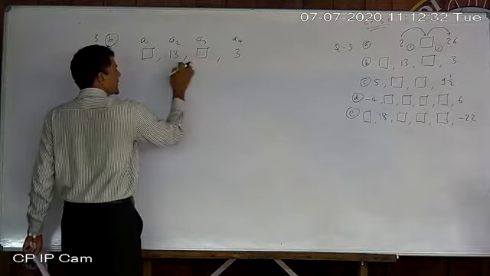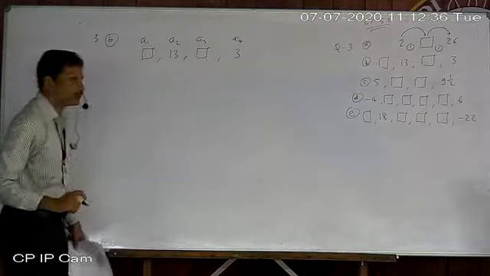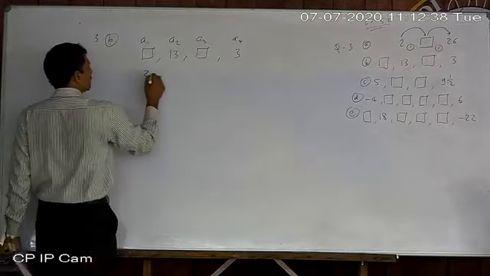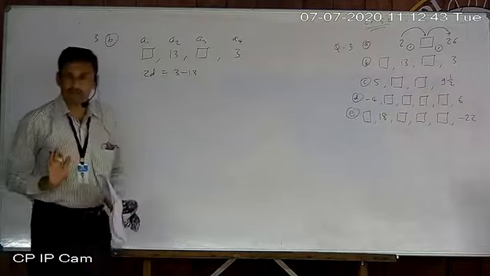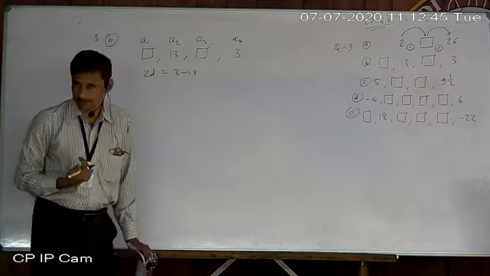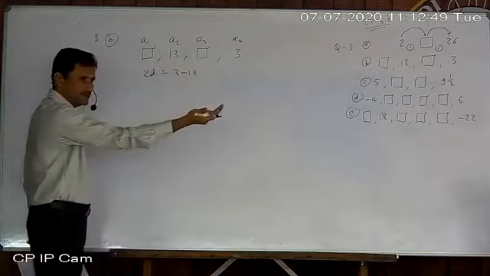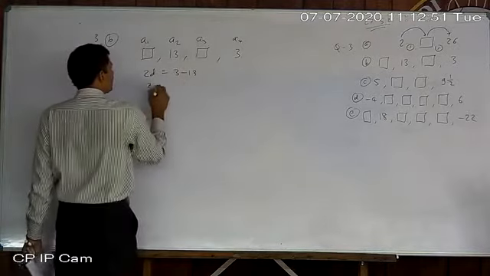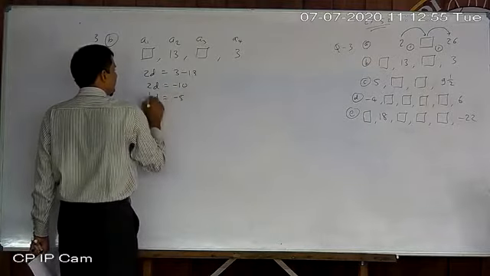Again 2 gaps are in between, 1, 2. Otherwise how many commas? 2 again. So 2d equals 3 minus 13. Remember always, not bigger minus smaller, but right minus left. Right term minus left term always, never left minus right. So 2d equals minus 10. So d equals minus 5.